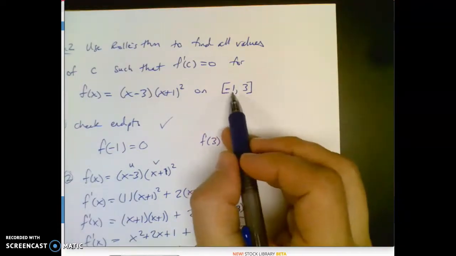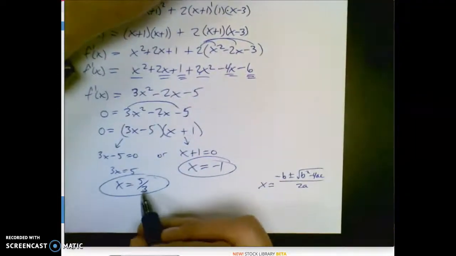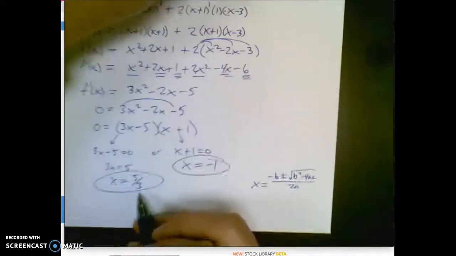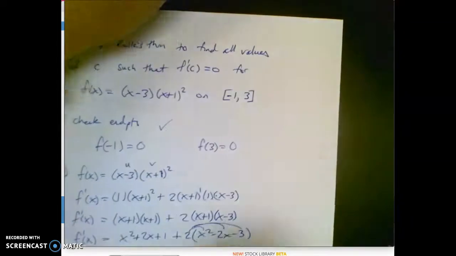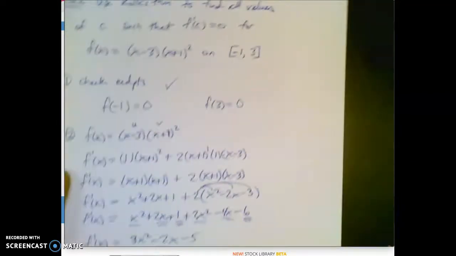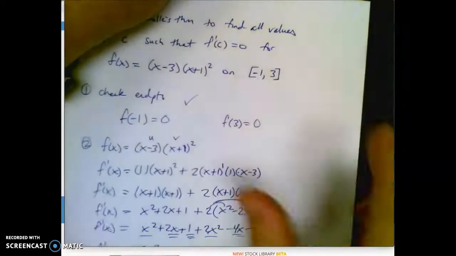Anywhere on here. So it's allowed to be the endpoint too. So that's definitely on the interval, and 5/3 is like 1.67. So they're both between -1 and 3. So you got two winners. If you would have done that and gotten an answer outside of there, you throw it out.